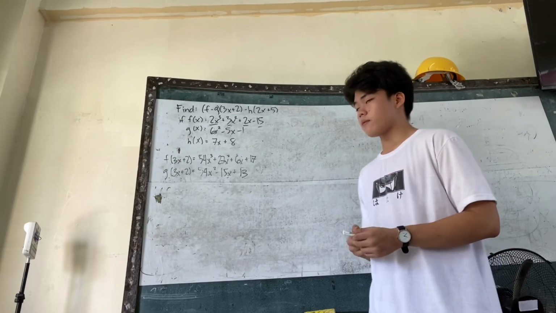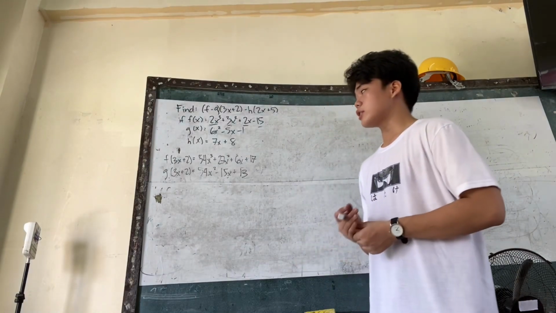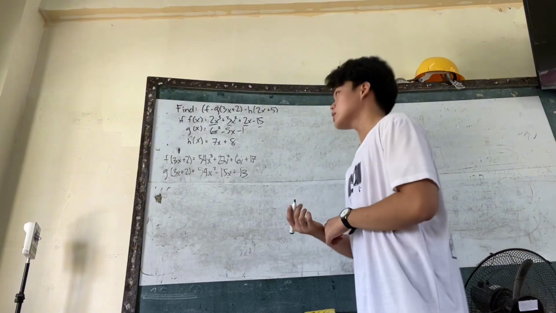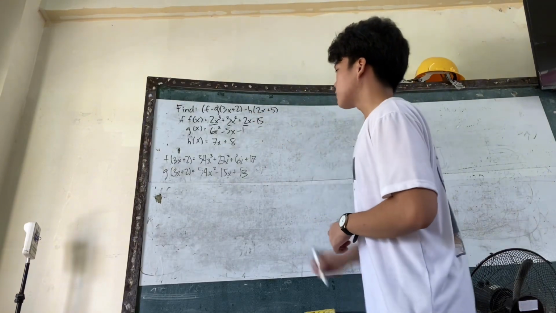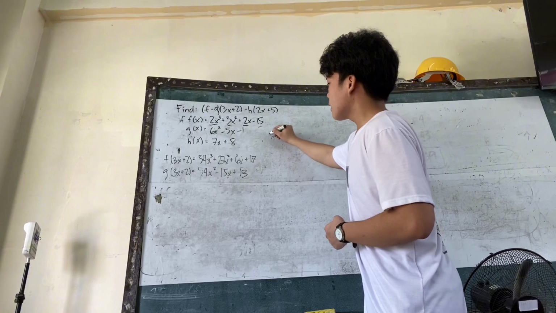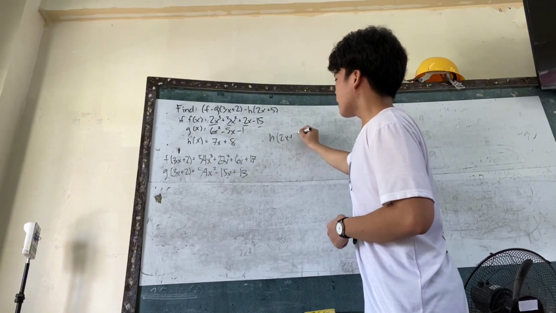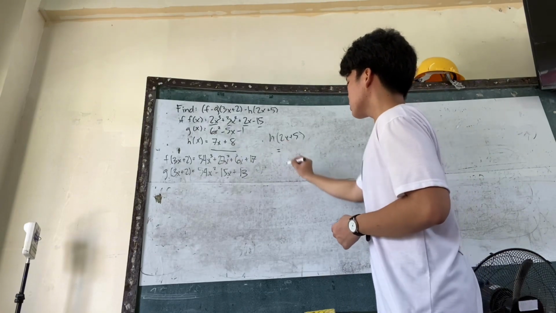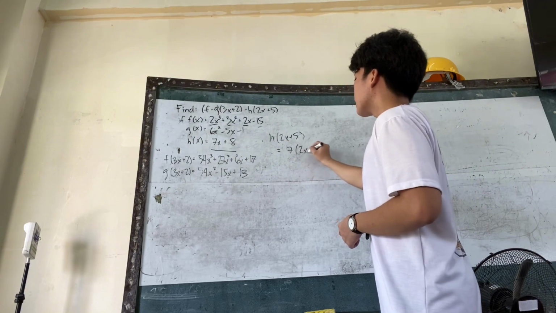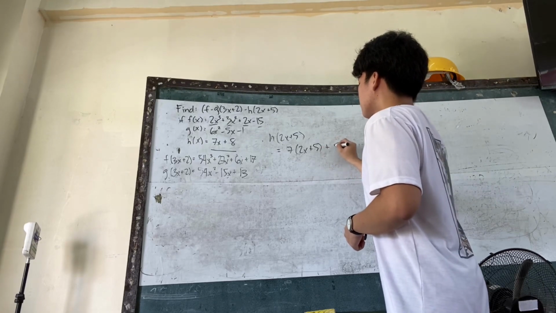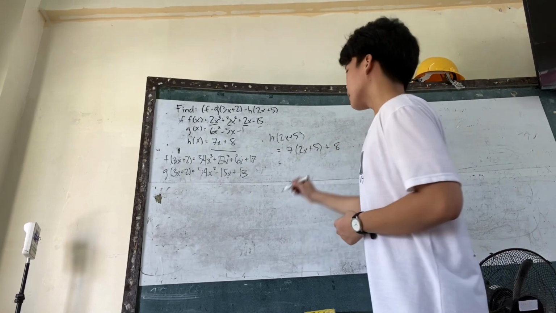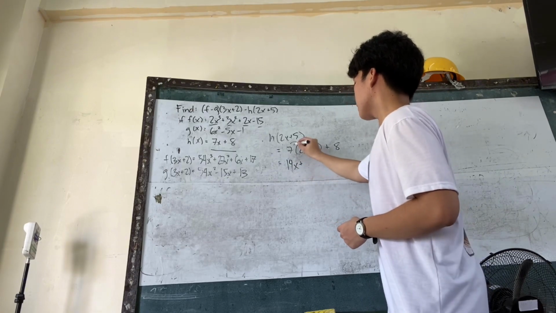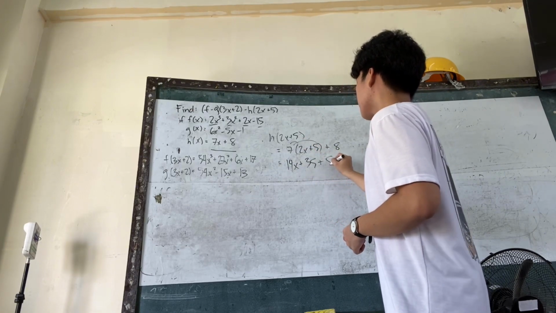Now that we have found the value of f(3x + 2) and g(3x + 2), we now have to evaluate the value of h(2x + 5). Our value is 7x + 8. We have to substitute: 7 times (2x + 5) plus 8. Now multiply. 7 times 2 is equal to 14, copy the variable x, plus 7 times 5 is equal to 35, plus 8.